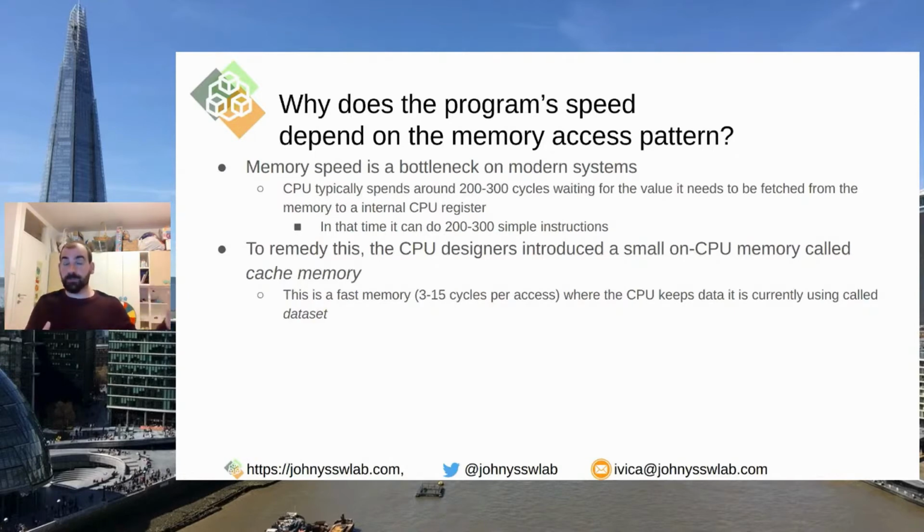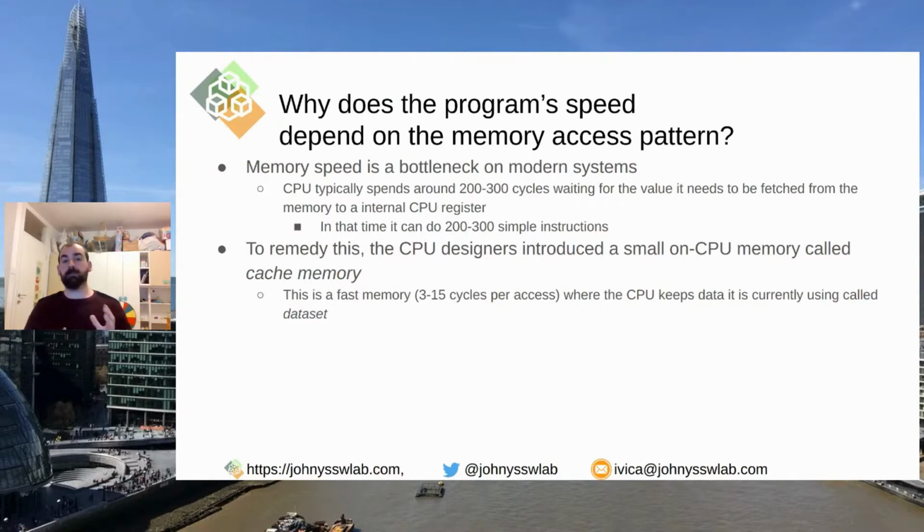The CPUs will get faster, the memory will also get faster, but not by the same amount as a CPU would like. A CPU will typically spend around 200 to 300 CPU cycles waiting for the value it needs to be fetched from the main memory in case it is not available in the data cache. This is the time it could do 200 to 300 simple instructions. So optimizing the memory layout can really bring some performance benefit.